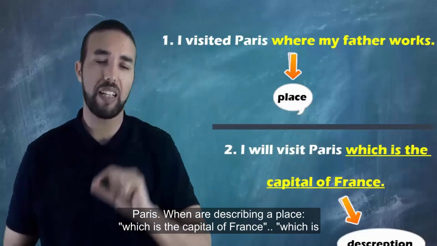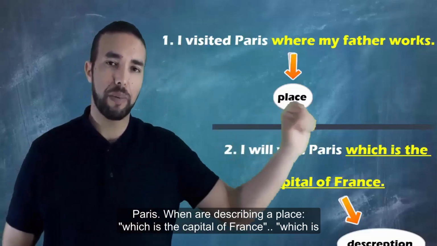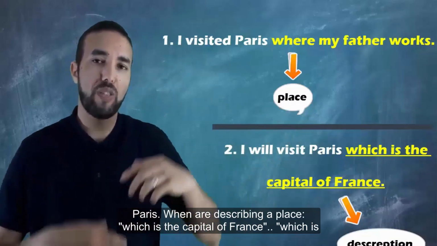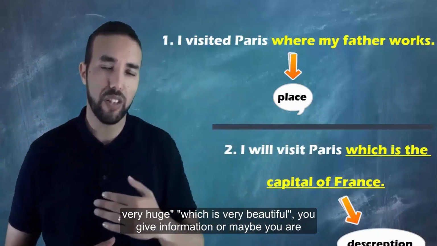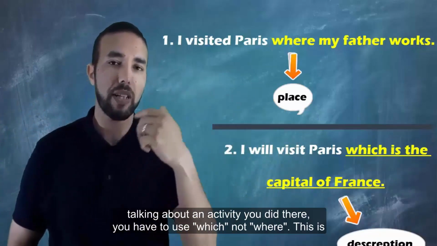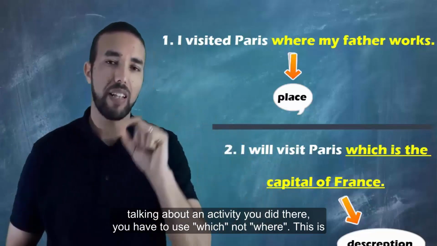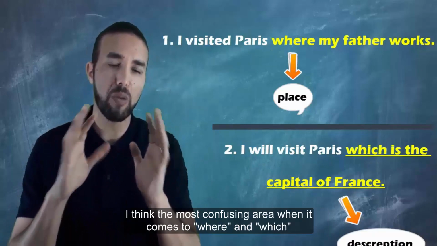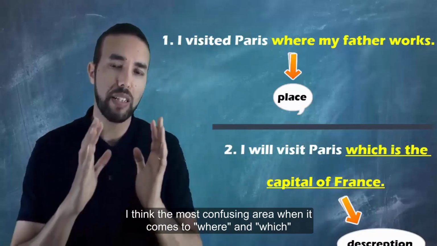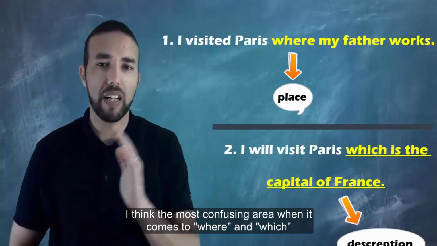So when you are describing a place, which is the capital of France, which is very huge, which is very beautiful, you give information. Or maybe you are talking about an activity you did there, then you have to use which, not where. This is, I think, the most confusing area when it comes to where and which.